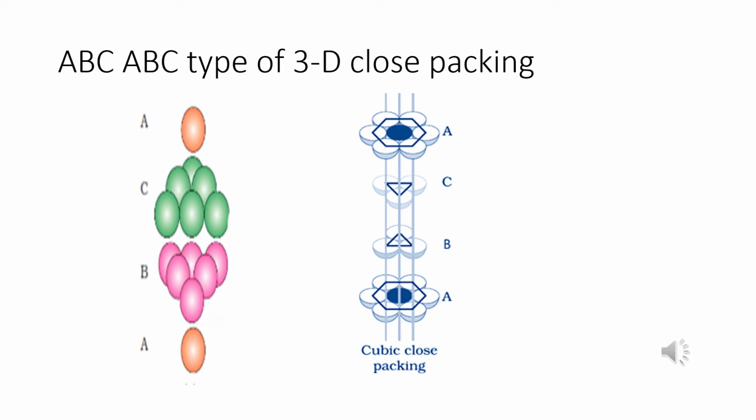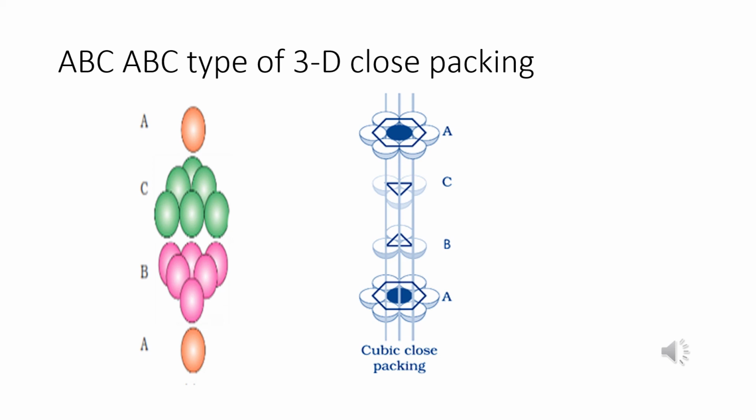That is, first we arrange A type, then B, then C, and again we arrange A type. Only when the fourth layer is placed, its spheres are aligned the same as the first layer. This pattern of layers is known as ABC type. This structure is called a cubic close packed structure or face-centered cubic close packed structure.